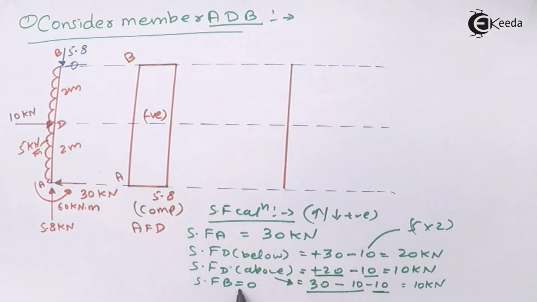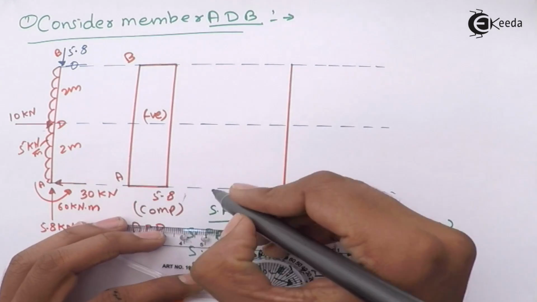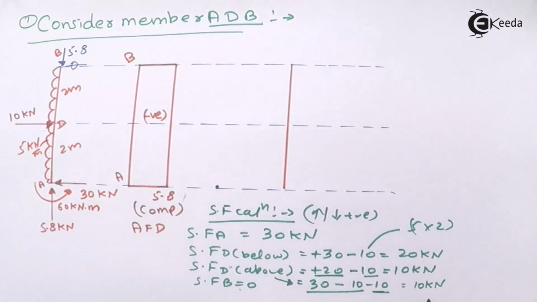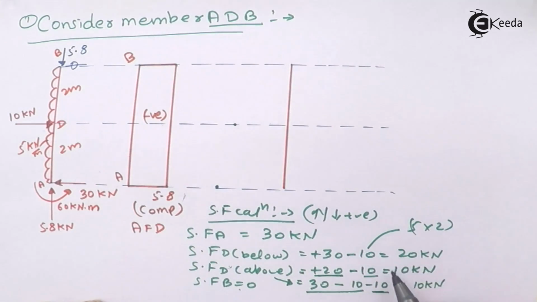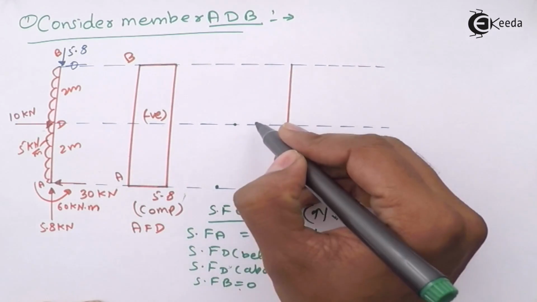Shear force at B is equal to 0 because there is no load. Now draw the diagram first. See, at A it is 30 kilonewton, so 30 will come over here. After that 20 at D, and after that at D there is also 10.